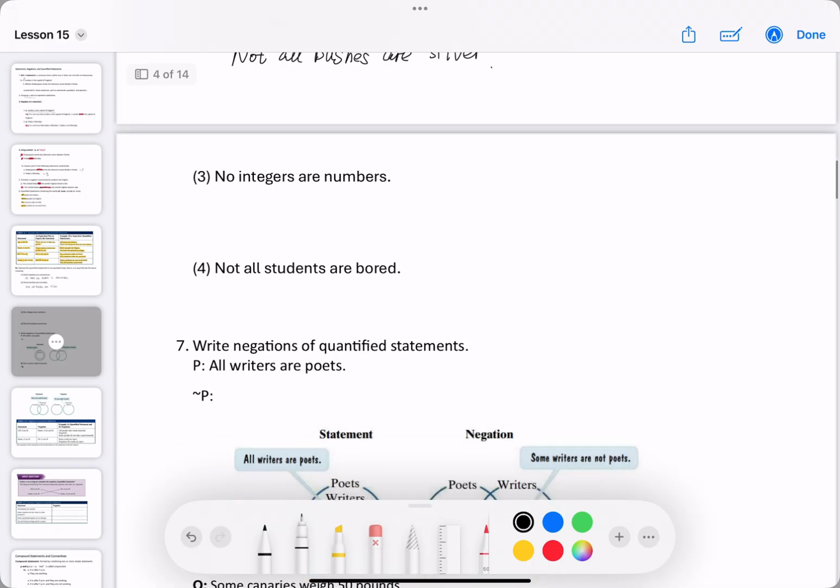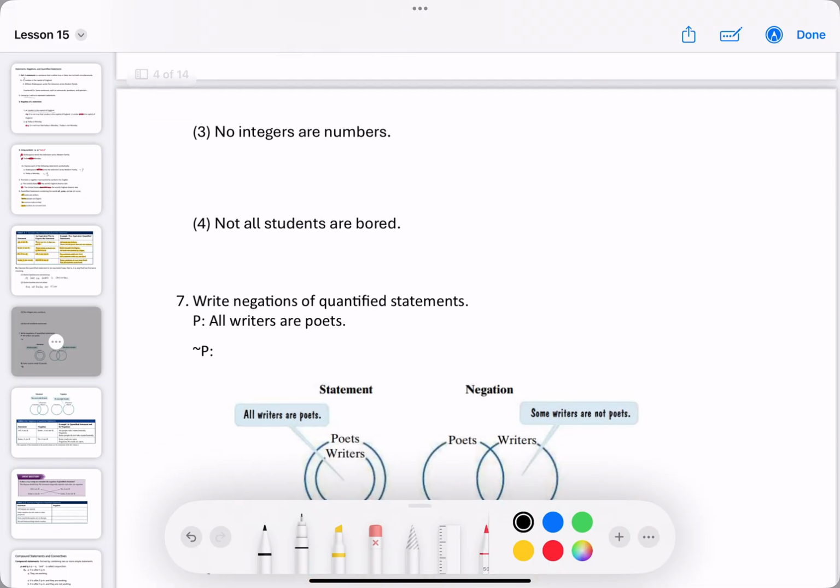Let's see more examples. No integers are numbers. The same meaning is all integers are not numbers. Last one.